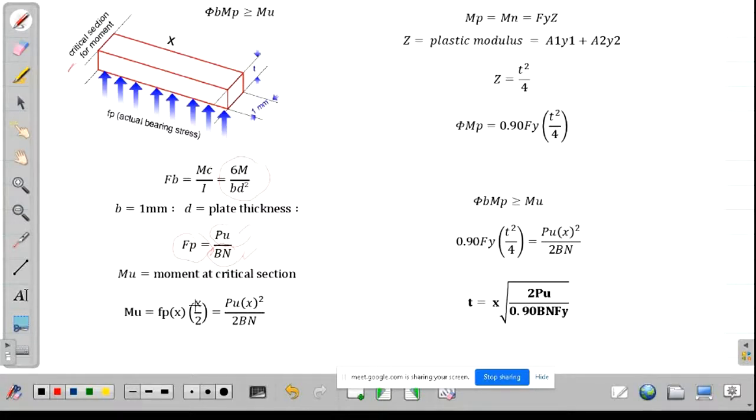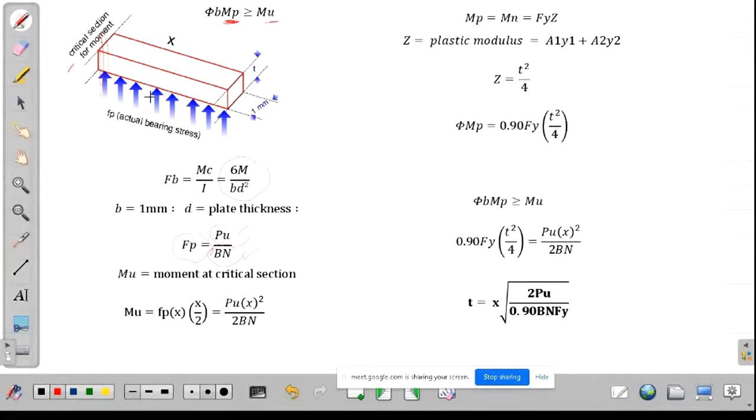Okay? So pag nag-moment ako dito, para makuha natin, kasi yung MP, meron na tayong equation dyan sa MP, di ba? That is Fy multiplied by Z, yung plastic modulus natin. So para makuha yung MU, mag-moment tayo dito sa ating critical section, sa kinuha nating strip.